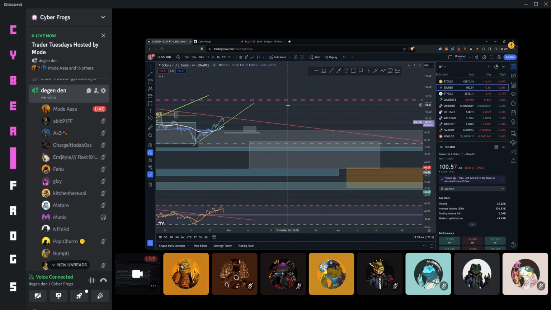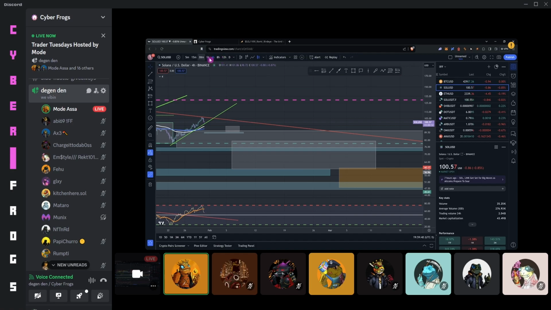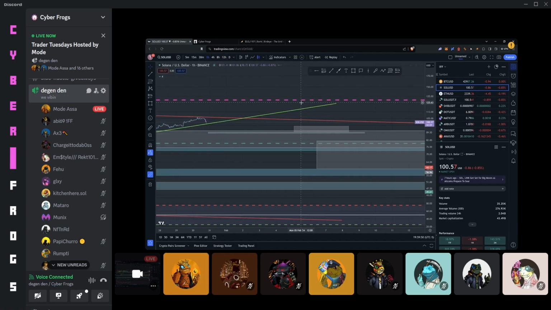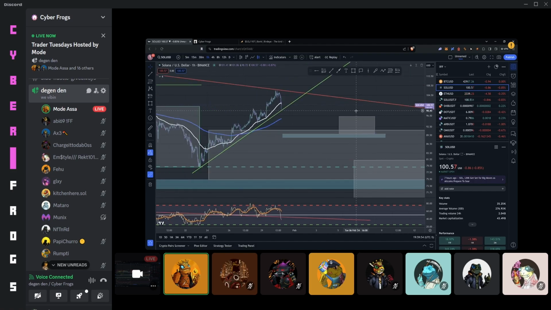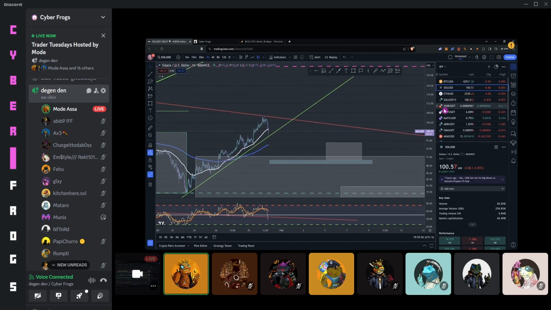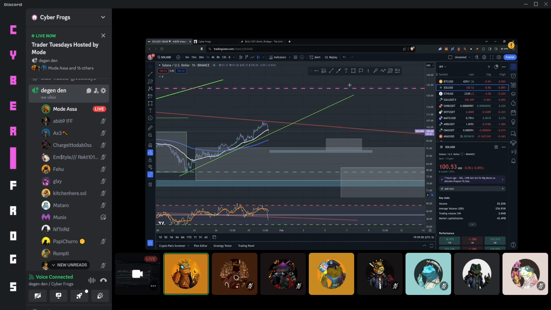But definitely got to keep a close eye on it because it's doing some interesting things, and like Ani and some of you have brought up, we may see some extra liquidity do some crazy stuff for Sol. We may see that liquidity from Jupiter have an effect and really do something. We just don't know yet.